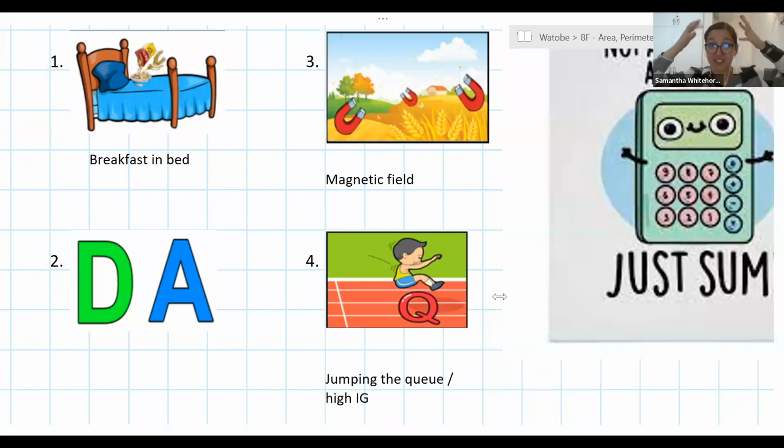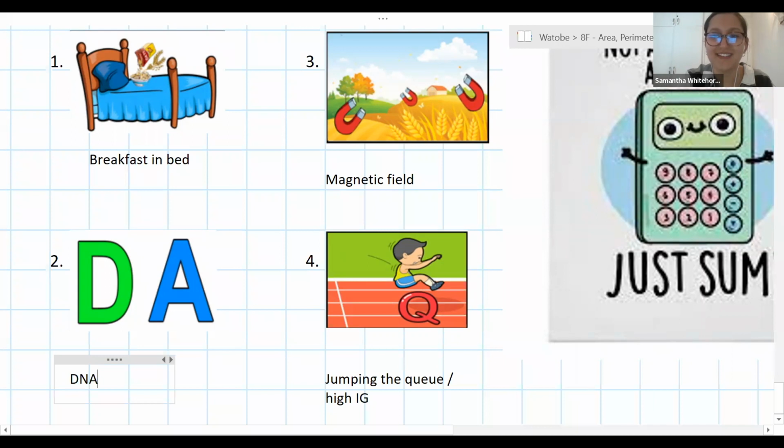Molemo's brain is just like, Aviwe, well done. DNA. Because it's a DNA. Well done, Aviwe. You did well, my people.